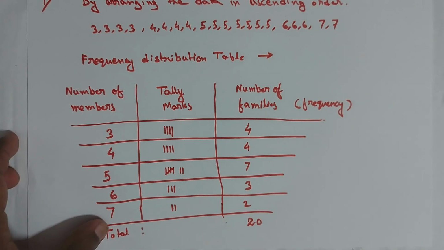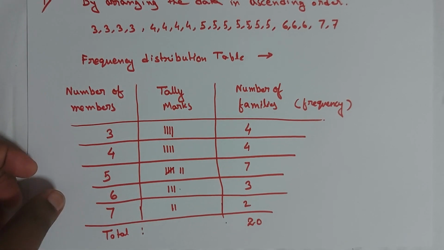Okay, understood? So next, question number 3. In question number 3, same we need to prepare the frequency distribution table. Okay, so to do that, what will we need to do?